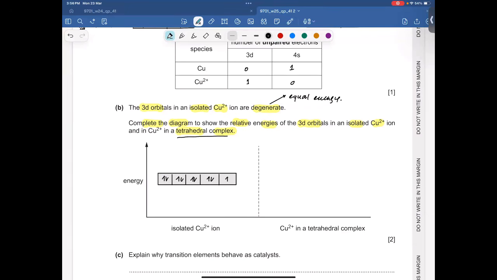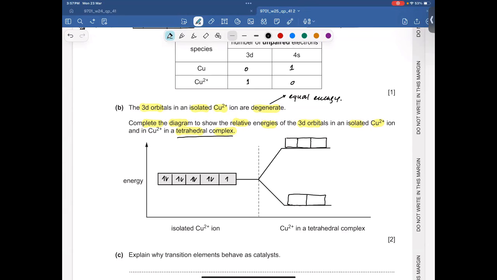In tetrahedral complex, T2g has higher energy and Eg has lower energy. By the way, T2g has a group of 3 orbitals which contain dxy, dxz, and dyz, while Eg contains a group of 2 orbitals which are dx squared minus y squared and dz squared.